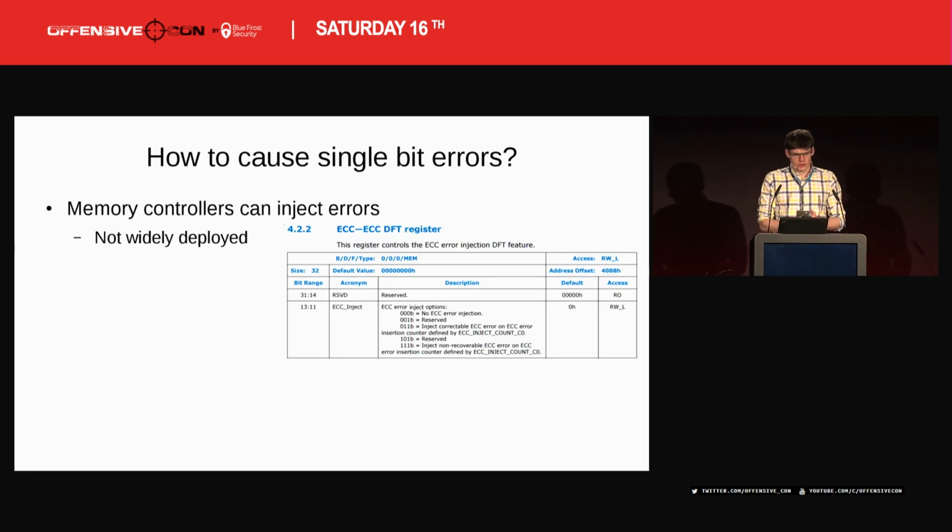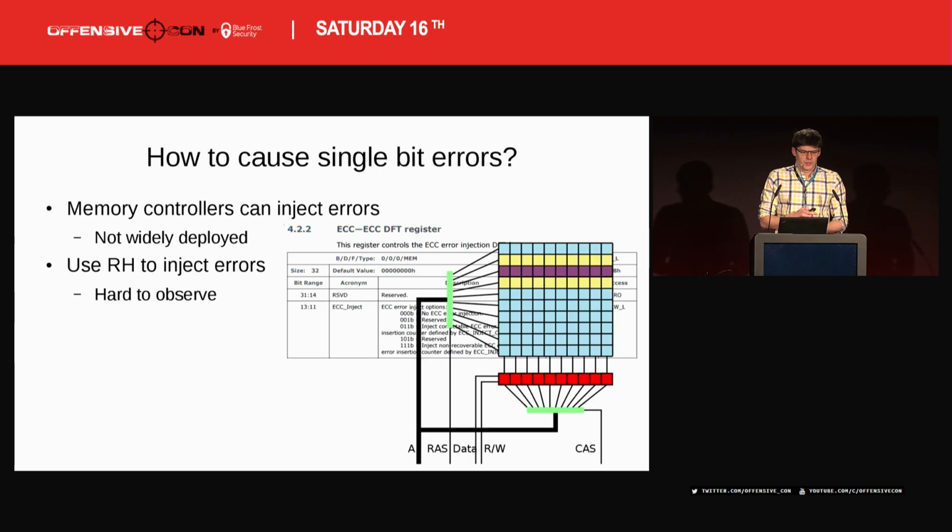Again, we can look through documentation, and some motherboards, some memory controllers, do have resources such that you can do memory error injection, but this is not really something that is standard. Another way is to use Rowhammer to inject these errors and then observe the syndrome, but then it will be a bit hard to see where the error was injected, and also you don't have that much control.